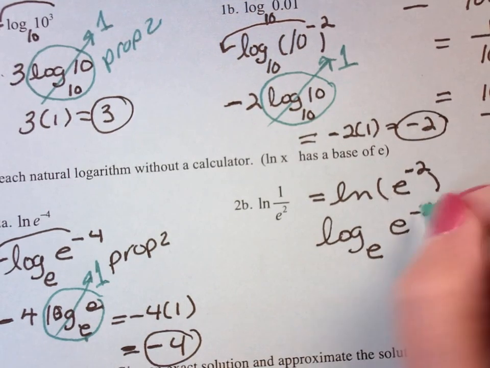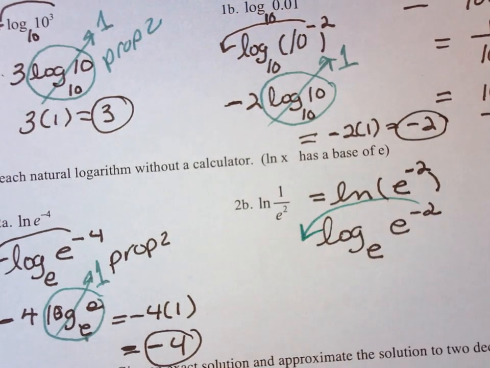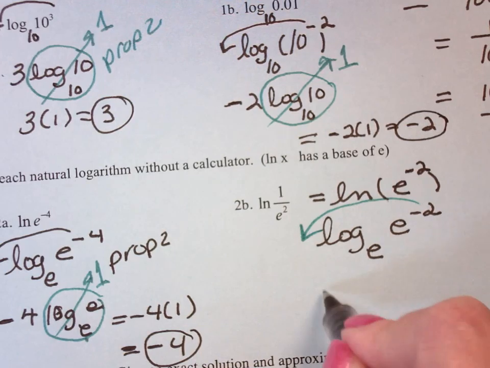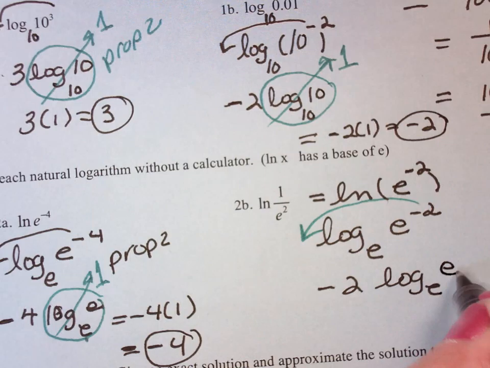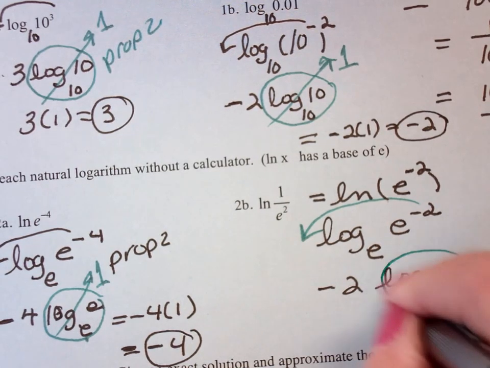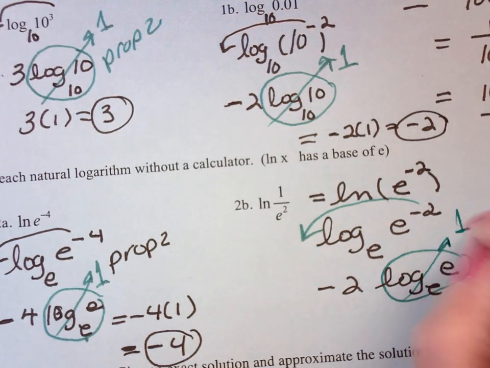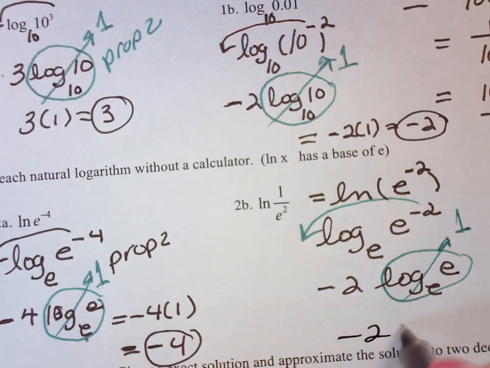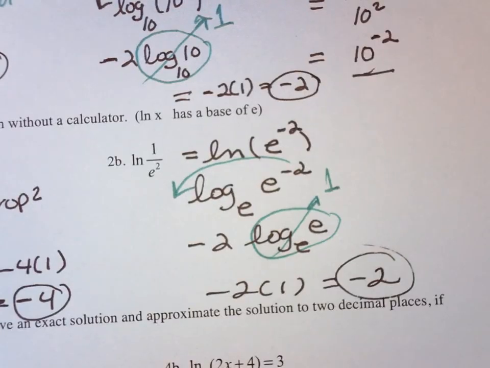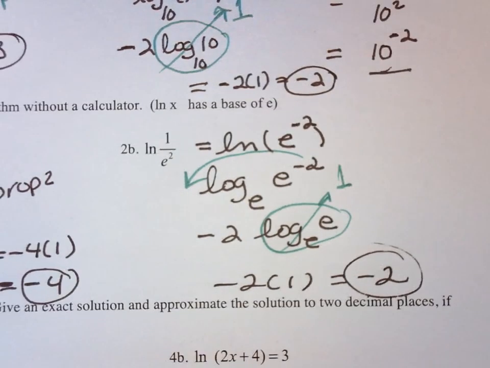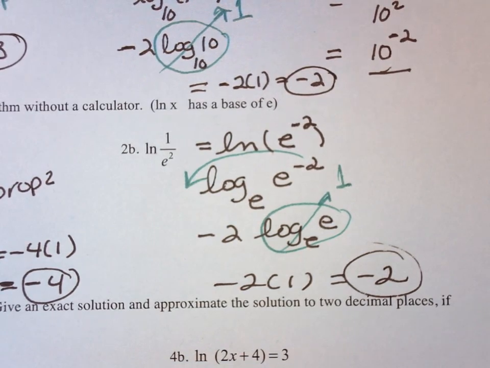Then property 3 allows me to bring the exponent down, negative 2 log base e of e. Log base e of e is 1. So you have negative 2 times 1, which is negative 2. About as exciting as it gets with that stuff.